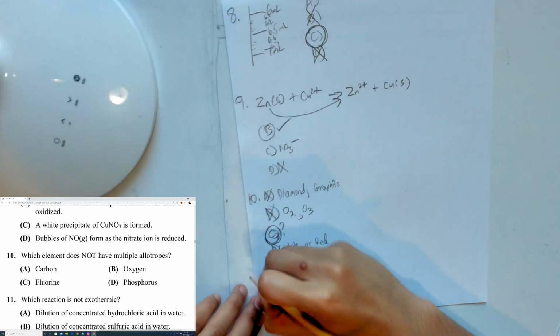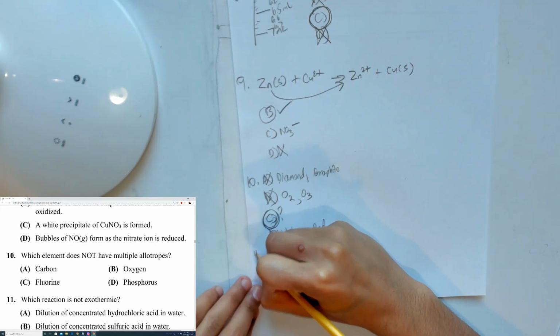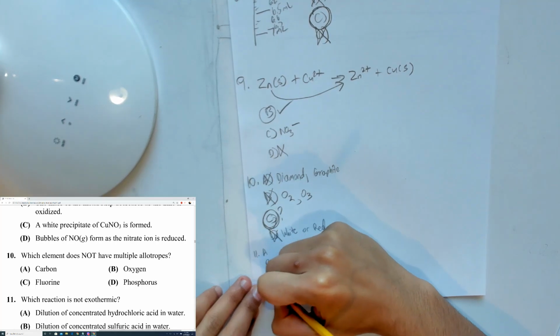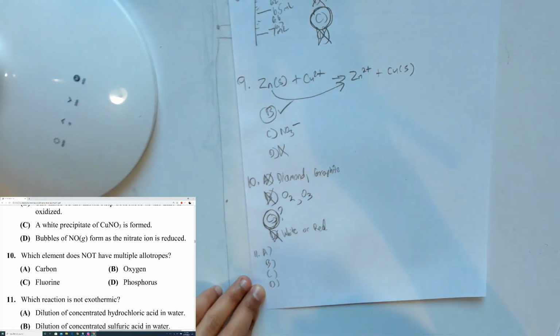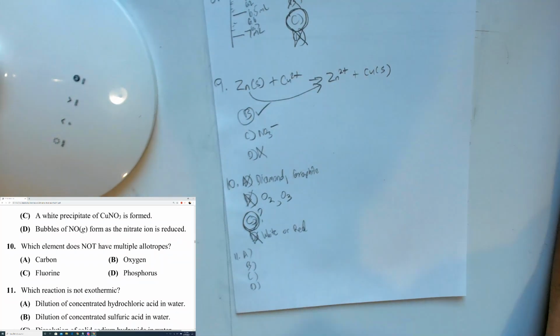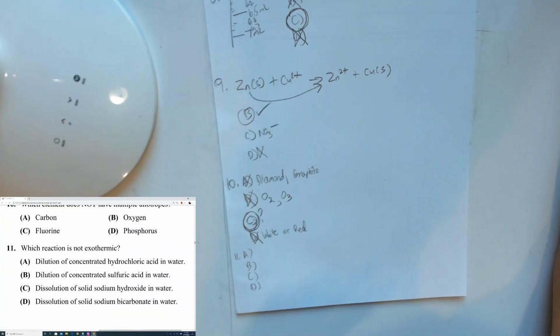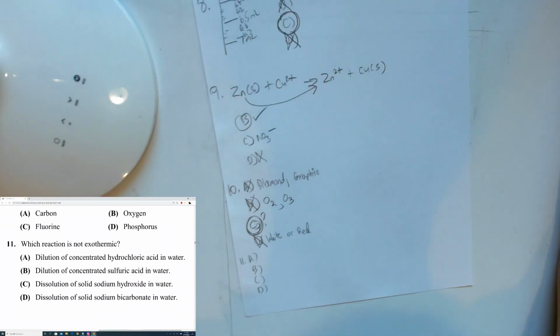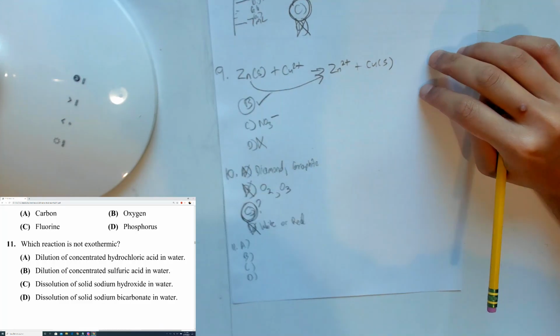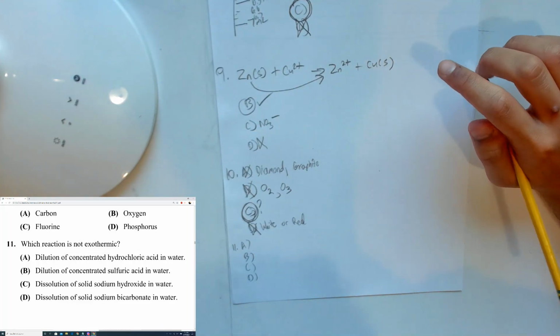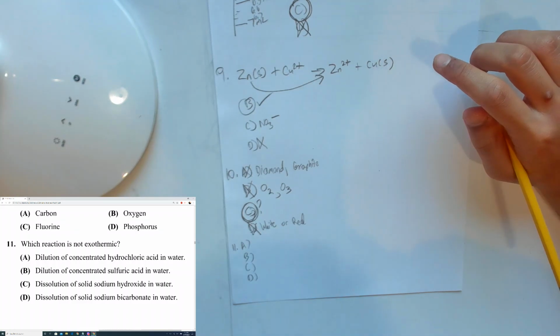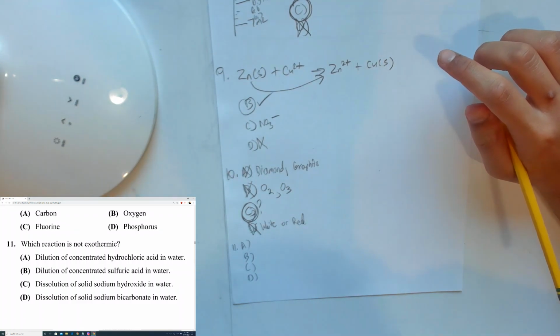Moving on to 11. Alright. Which reaction is not exothermic? So, dilution of concentrated hydrochloric acid in water, okay.